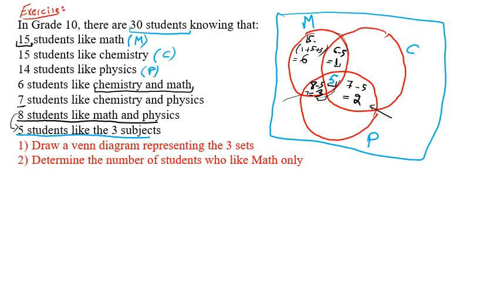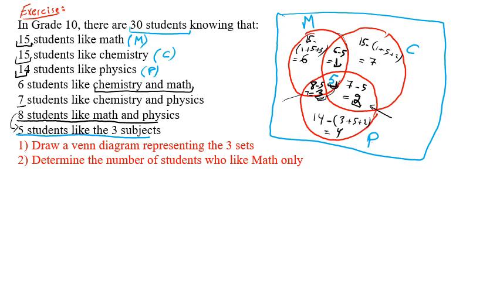In chemistry, there are also 15 students, but we subtract from 15 the 1, 5, and 2. 1 plus 5 plus 2, the answer will be 15 minus 8, which is equal to 7. And for physics, we have 14 students. 14 minus, we subtract 3 and 5 and 2. 3 plus 5 plus 2, the answer will be 4.